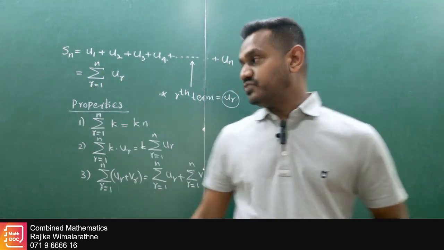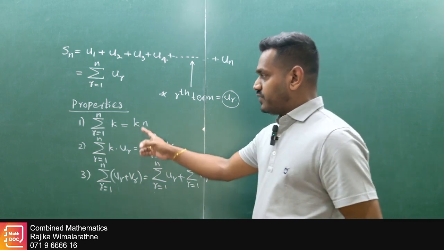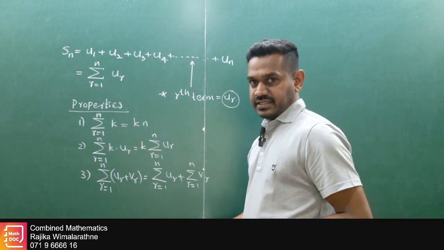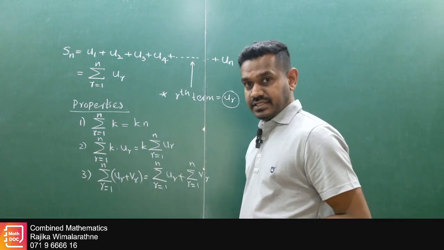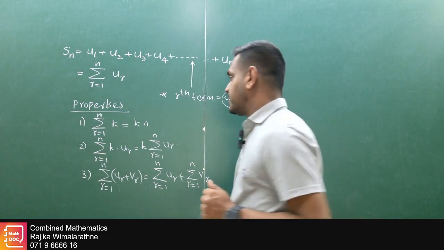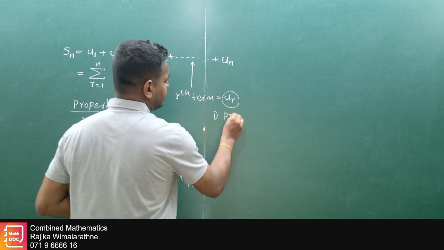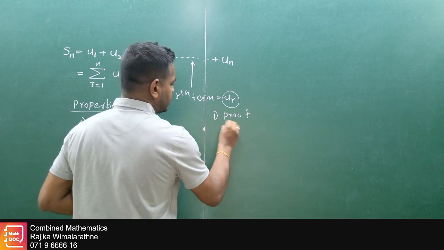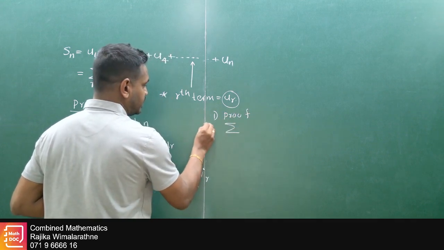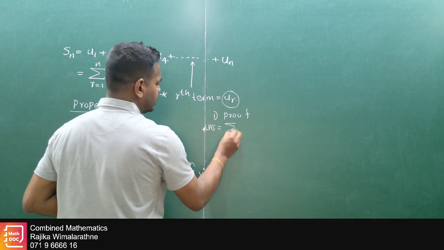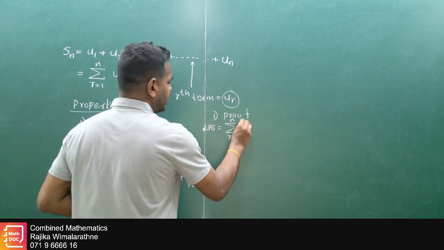Now let's move further. If you need to prove these relations, we can do it this way. First, the proof. I'll take the left hand side, sigma r equal 1 to n of k.